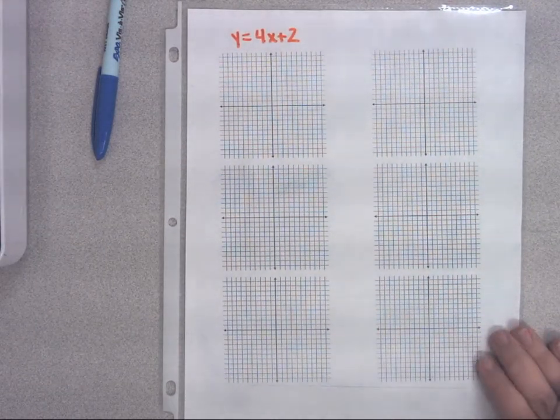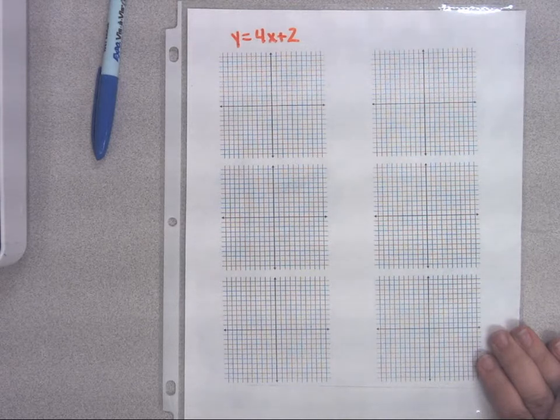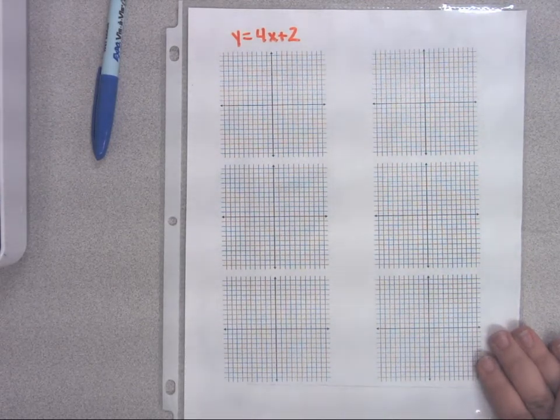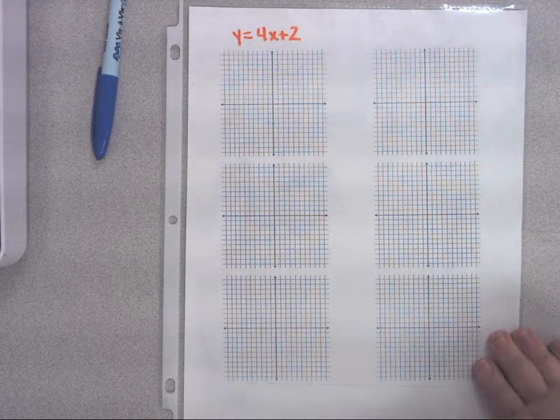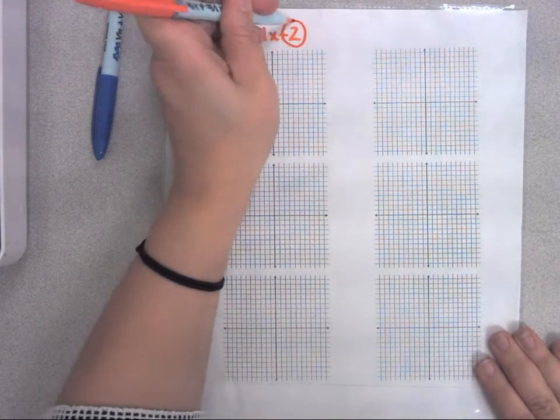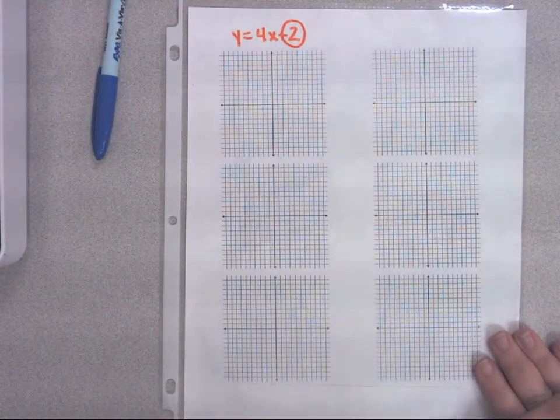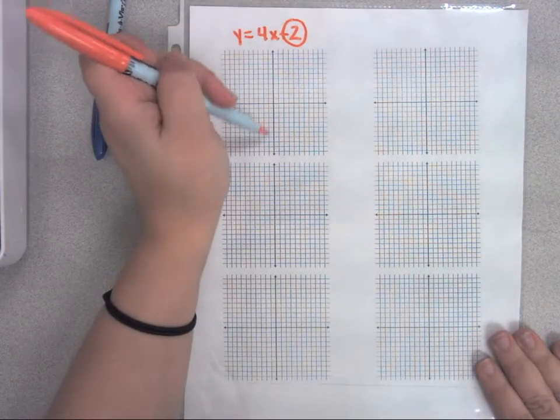Again, what's our slope? What number represents our slope? 4. What represents our y-intercept? 2. To graph something, you always start with whatever this number is. So positive 2.